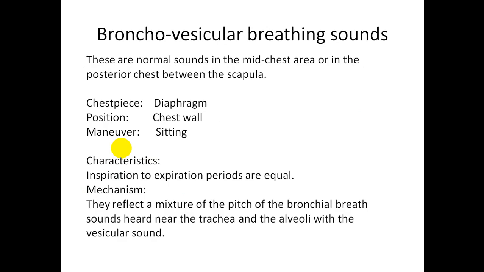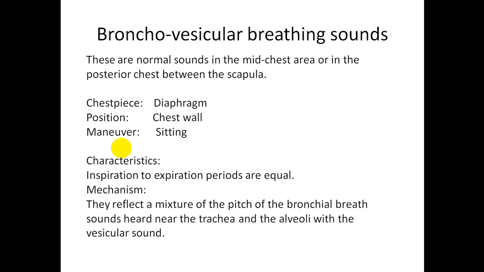Another normal sound is the combination of the bronchial and vesicular, what is called the broncho-vesicular breathing sound. These are normal sounds in the mid-chest area or in the posterior chest between the scapulae, the better place to hear it. Also use the diaphragm of the stethoscope on the chest wall, especially posteriorly between the scapulae, with the patient in a sitting position.